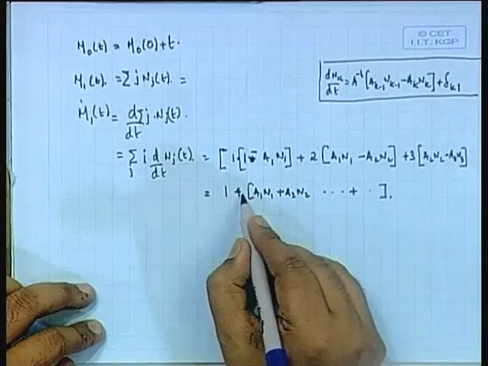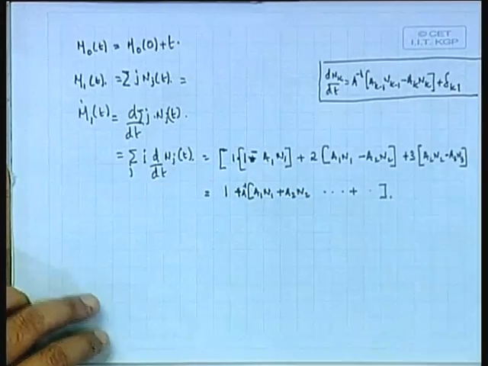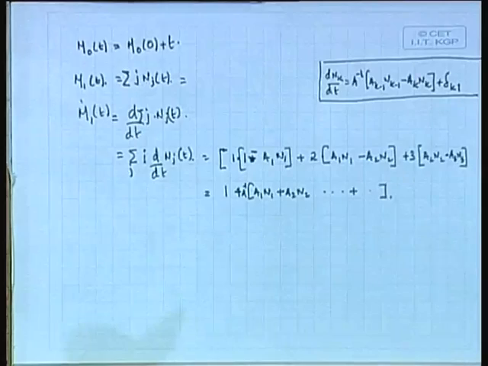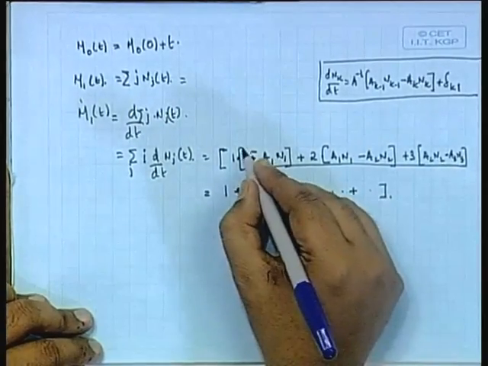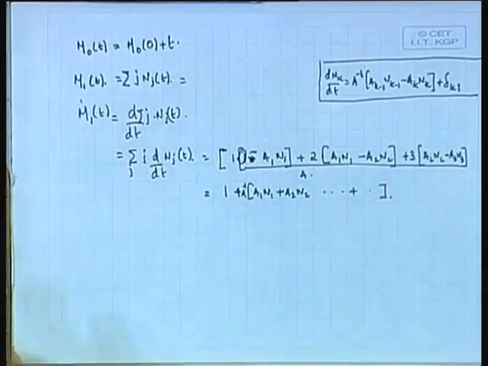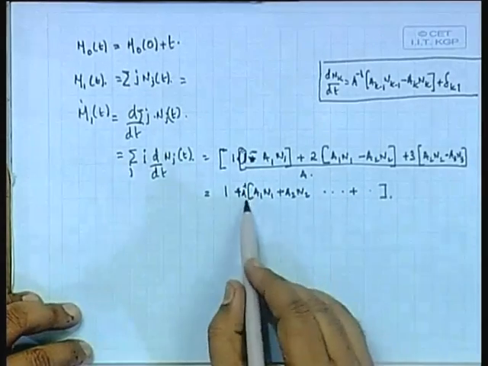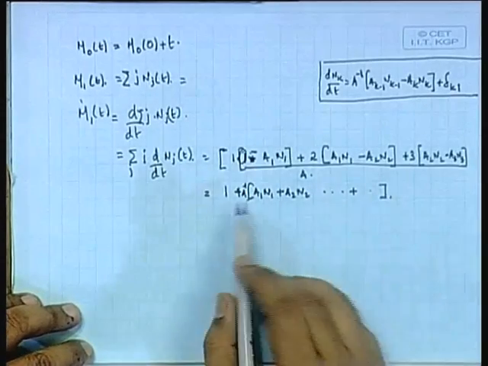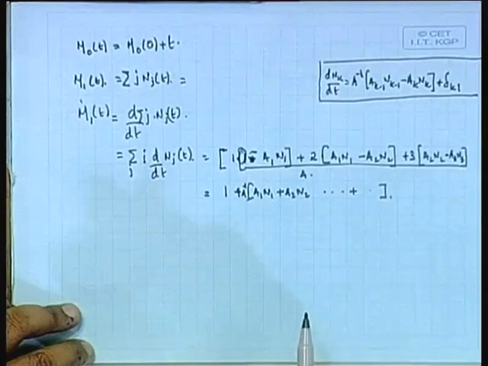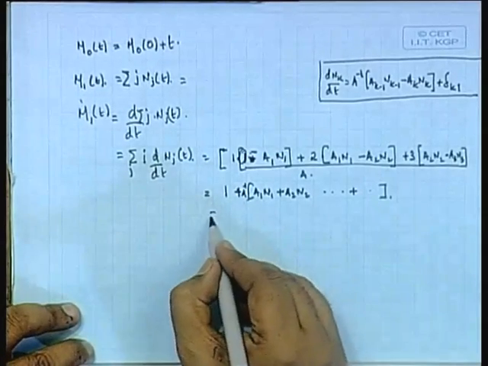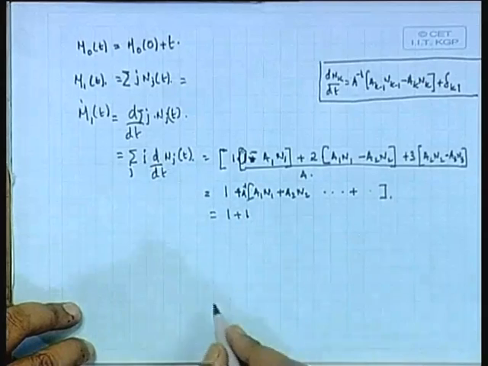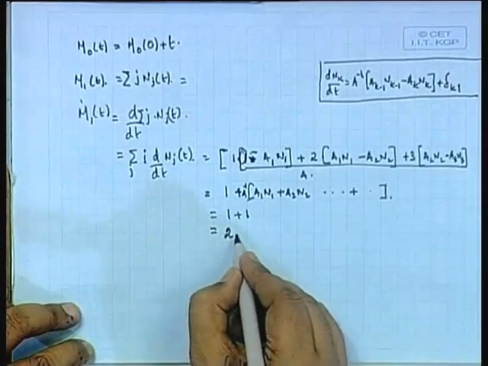There is a 1 by A factor surely, except for this 1, there is a 1 by A factor. And what is this, a_1 n_1 plus a_2 n_2 and so on, by A? 1. So, this becomes 2.